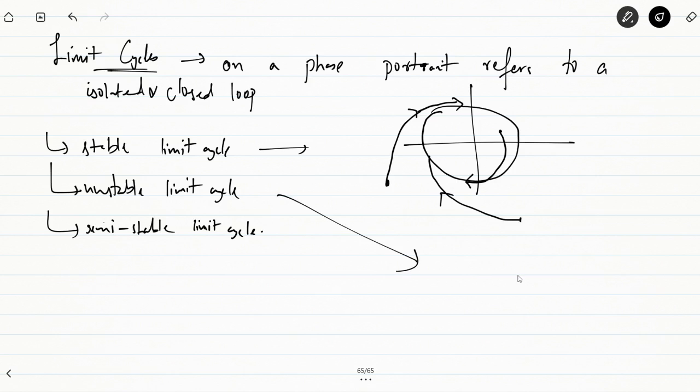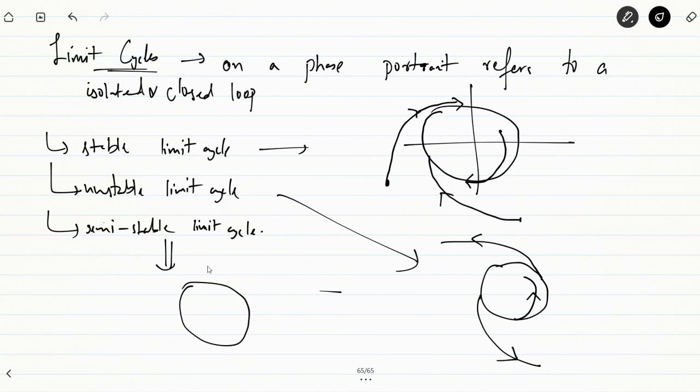If all the trajectories in the system are diverging out of the loop, then this will be referring to an unstable system. If some of the trajectories in the system are converging towards this loop, and some are moving out of this loop, then this system will be referred to as a semi-stable system.